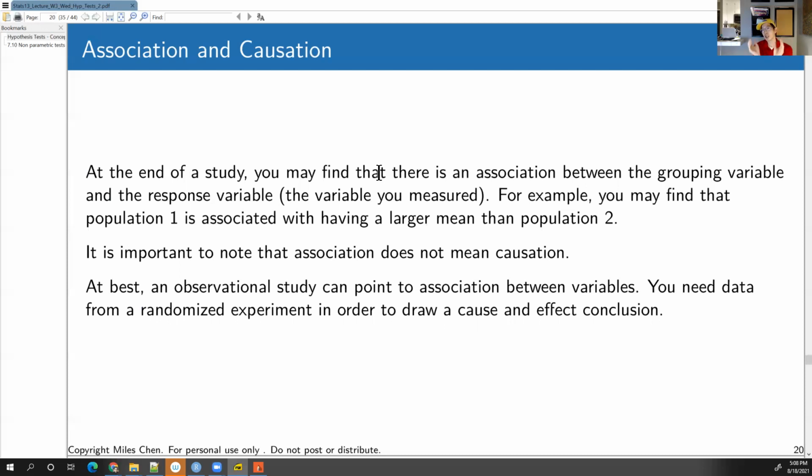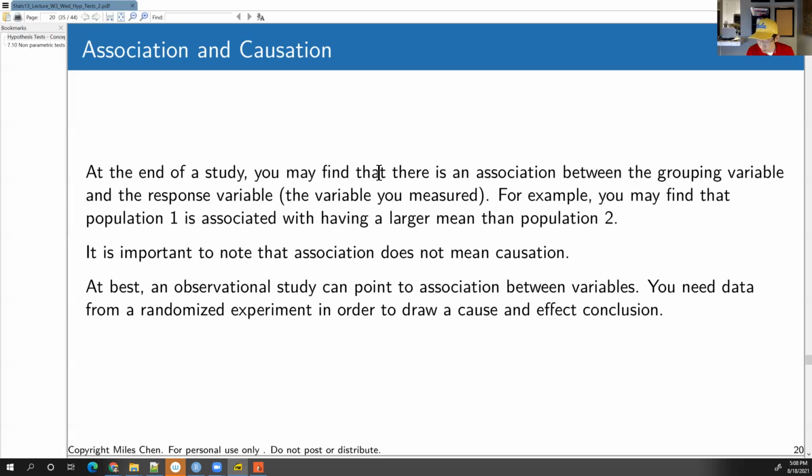You have something that you're measuring, say height, and some kind of grouping variable, like gender, or one group versus another group. At the end of your study, you might find a difference between the means. Group 1 has a different mean than group 2, population 1 is associated with a larger mean than population 2.